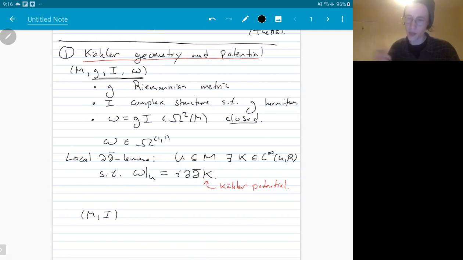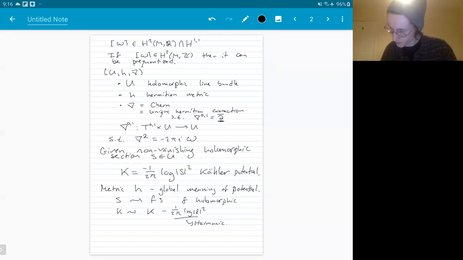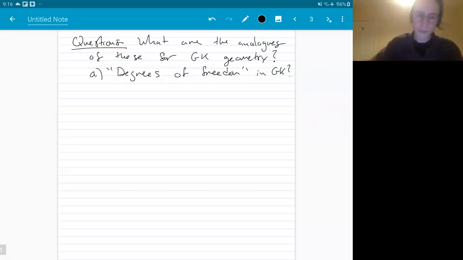And then on top of that, you have this extra degree of freedom, which is the metric, which essentially comes down to a function. At least locally, it's a function. And if we want to vary it, we can vary it using a function, if we stay in the same Kähler class. So that's one potential question.